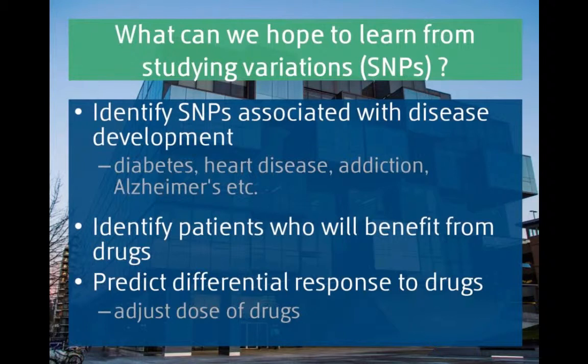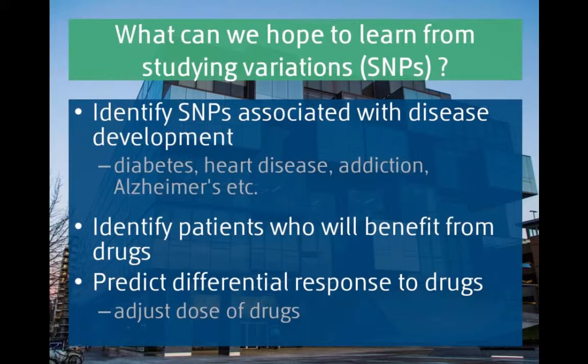One can also identify patients who will benefit from certain drugs. There are, in fact, drugs that cannot have any therapeutic benefit to certain genotypes, and so there's no utility giving patients those particular medications.